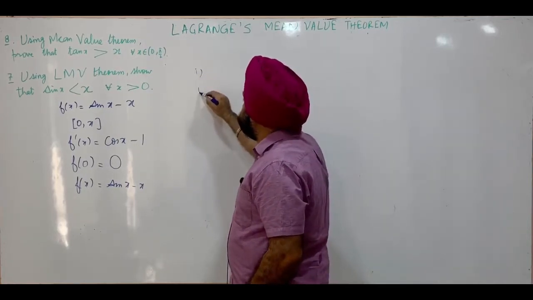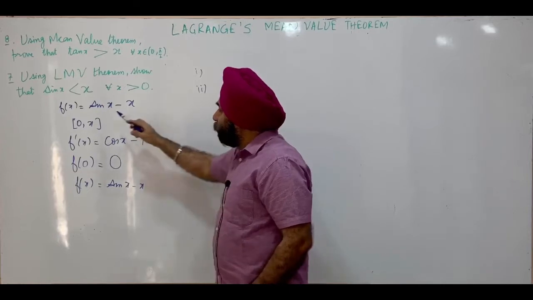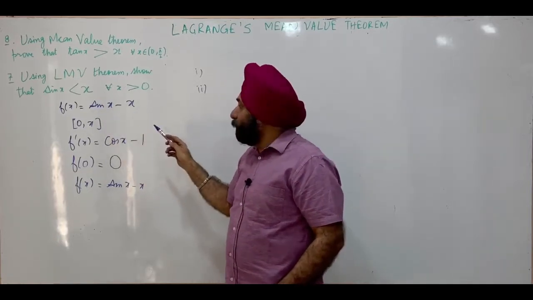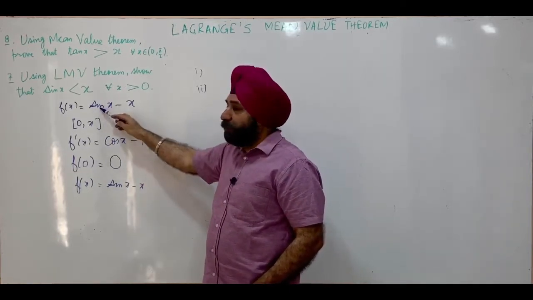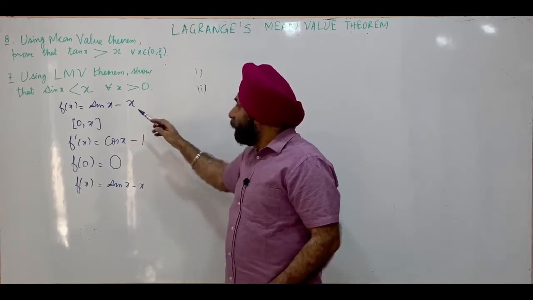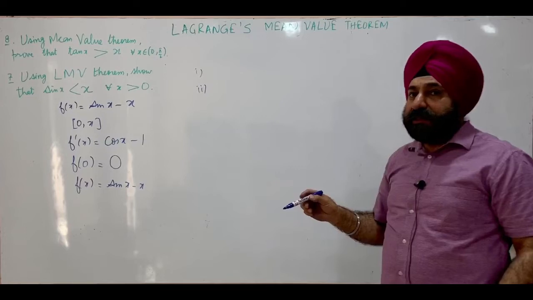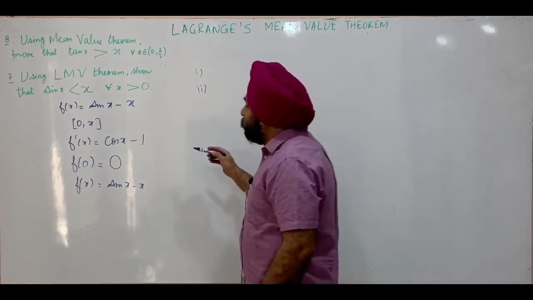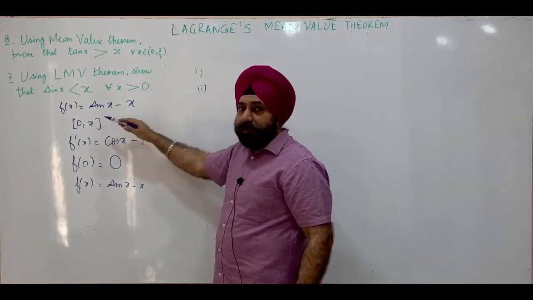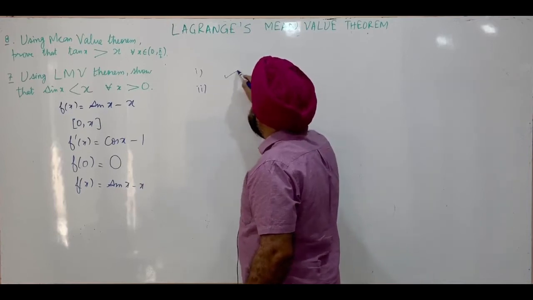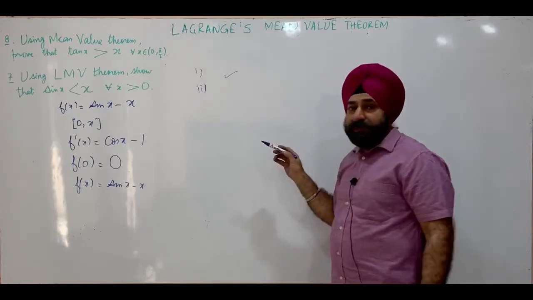So that's 1. Similarly, f of x being the difference of two differentiable functions. Now this is differentiable, this is also differentiable. F of x being the difference of two differentiable functions is differentiable everywhere, in particular for the interval 0 to x. So both the conditions of Lagrange's theorem are satisfied.